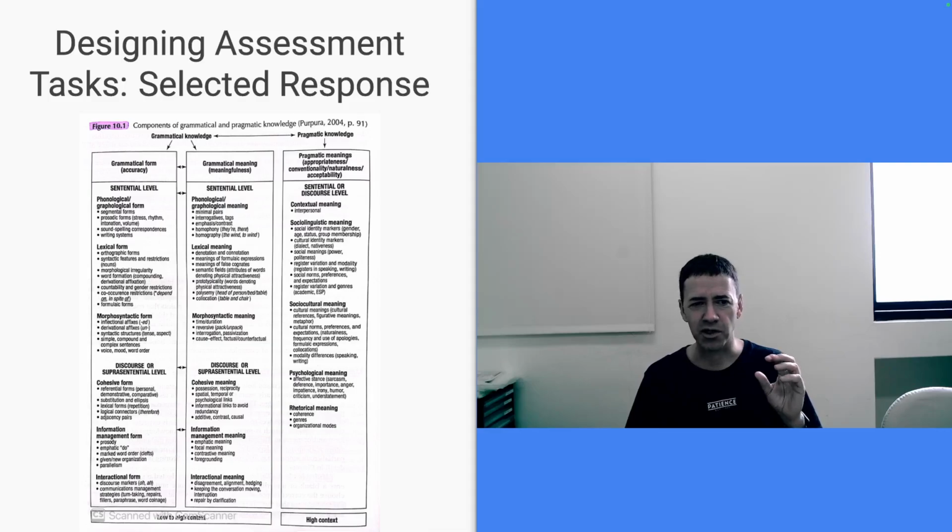You probably focus more on the grammatical form and the grammatical meaning, but you should be aware that all of these things are happening at the same time. And for those of you who will be teaching in senior high school, or maybe one day even at the college level, then you should be aware of all of these.